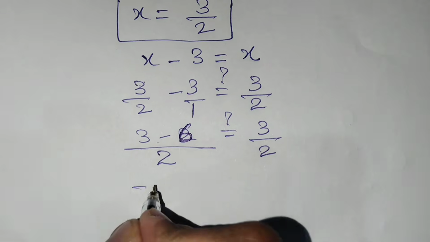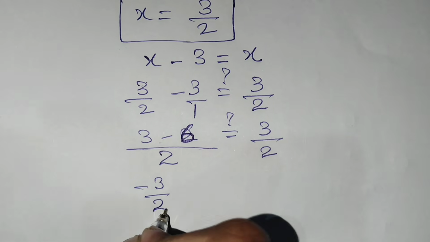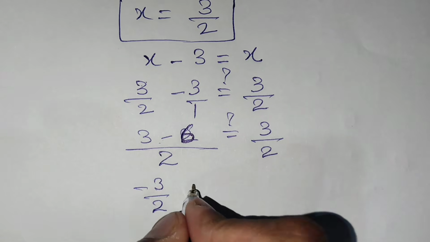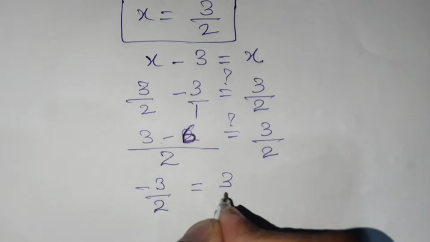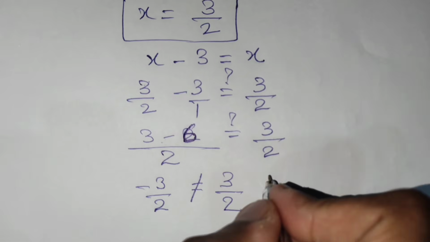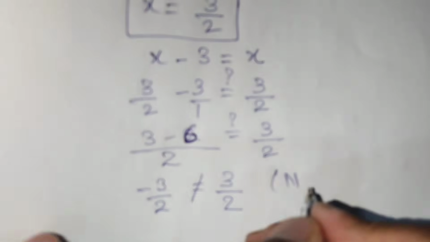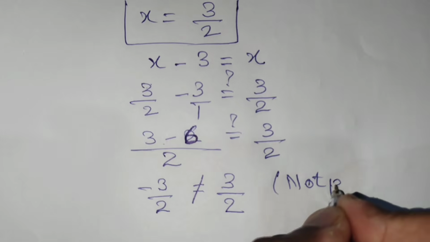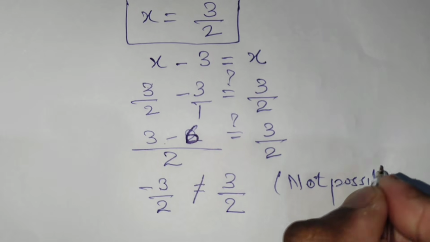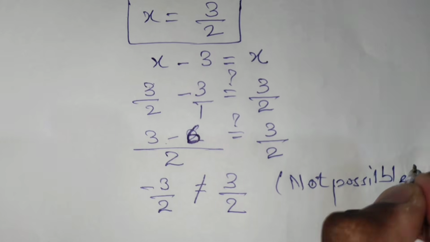So this is minus 3 by 2, which is equal to 3 by 2? No, this is not possible. This equation has no solution.